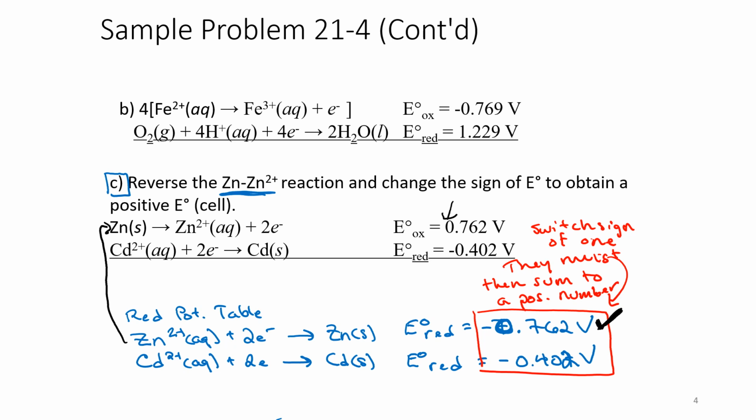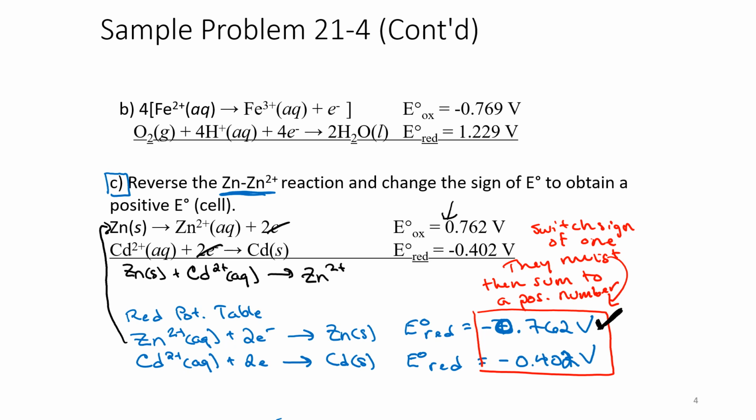0.762. So the overall reaction is now going to be zinc plus cadmium 2, and our electrons cancel. There shouldn't be any electrons once we're done, because if you are going to give off electrons, somebody has to be there to take those same number of electrons.